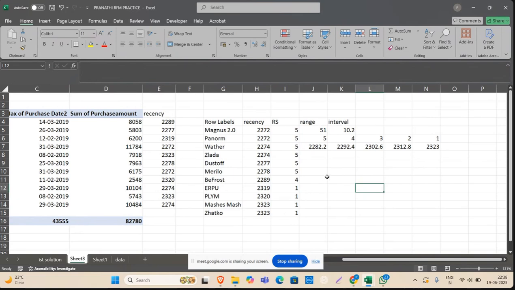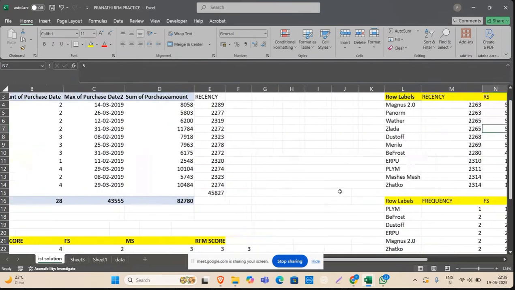The starting range is from 0 to 2282; if a value lies in between, it is 5. If it is between 2282 and 2292, it will be 4, like that. If it lies within 2292 and 2302, then it will be 3.